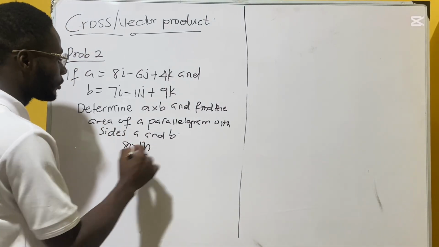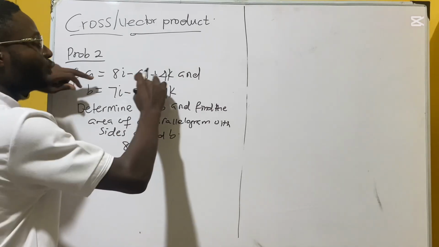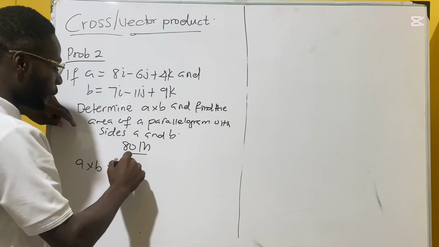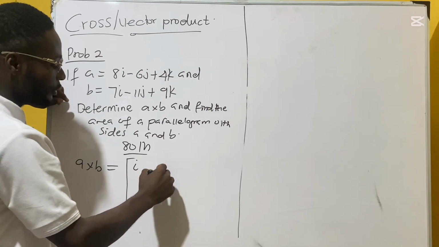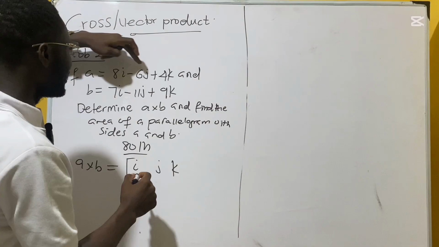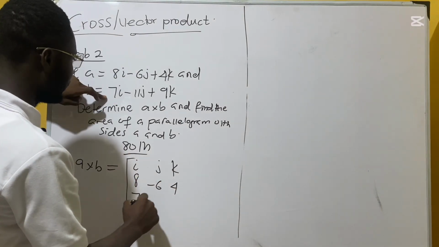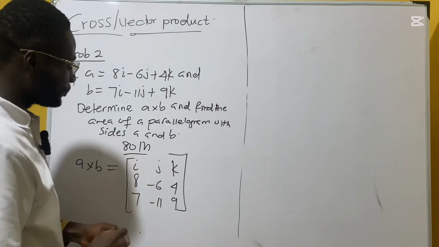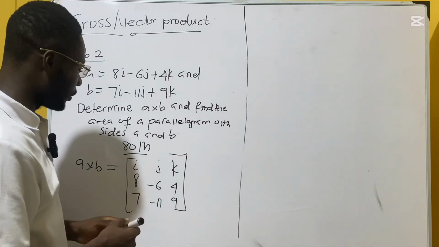Okay, so solution. The first part of the question, A cross B is equal to, we have two position vectors, that is A and B. So A cross B will be basically, the first row will be the position vectors, okay? Then the elements follow, okay? 7, 11, and 9. Okay, so we want to find A cross B. So basically, it's all about matrices, okay?